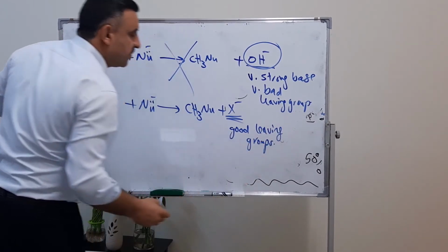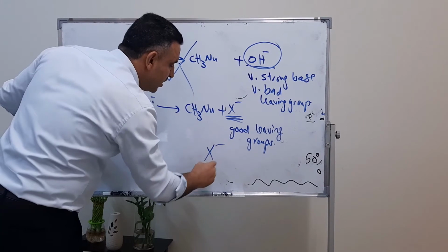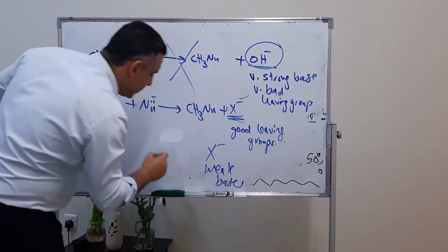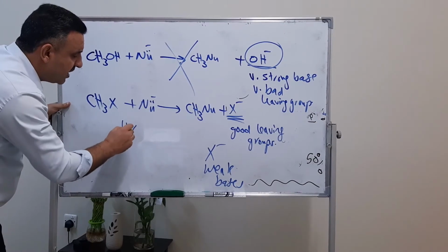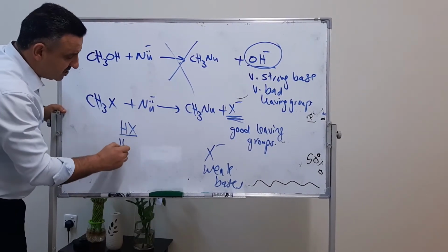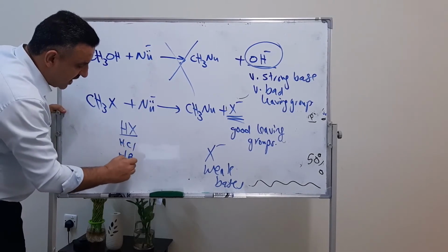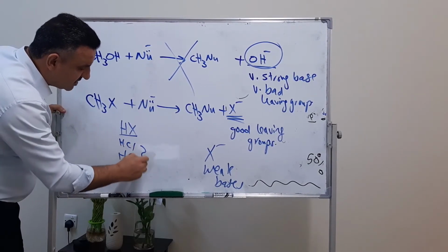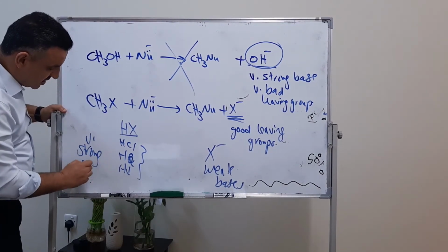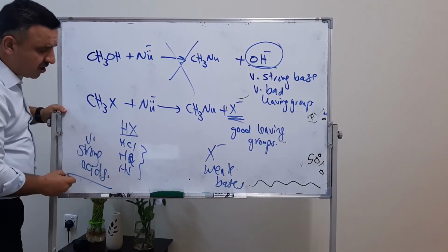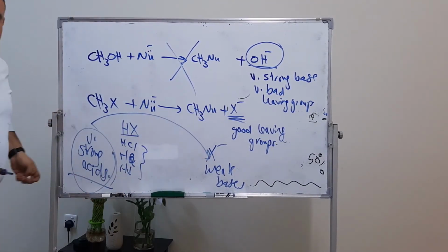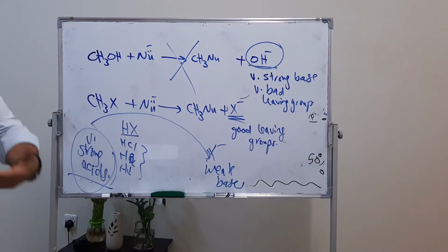Because they are weak bases. Why are halogens weak bases? Because they come from the corresponding hydrogen halides: HCl, HBr, HI. All of these acids are very strong acids, and we said the general rule: very strong acids will definitely form very weak conjugate bases.